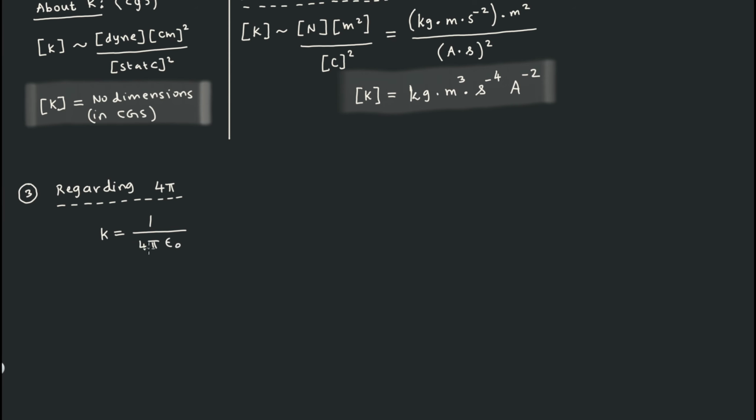So in this expression, this 4 pi, where is it coming from? That's the point. Usually it comes from the spherical coordinate system. Now you should remember one thing, that when you are discussing certain things having spherical symmetry, what does it mean?